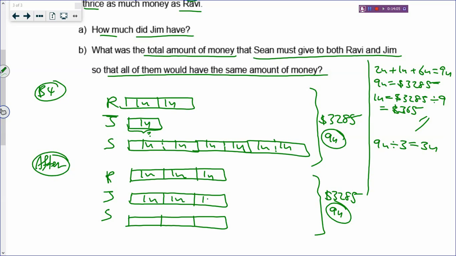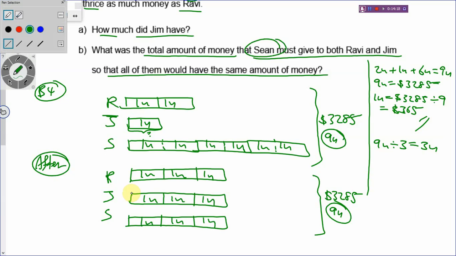Okay, now so how much money must Sean give to both Ravi and Jim? Then you look at Sean. Look at Sean and look at his money before and after. So how much did Sean have at first? And how much did he have in the end? So you compare.